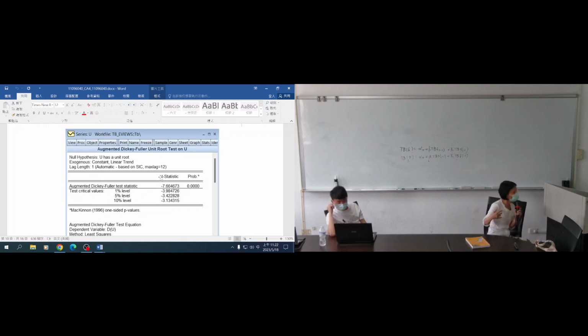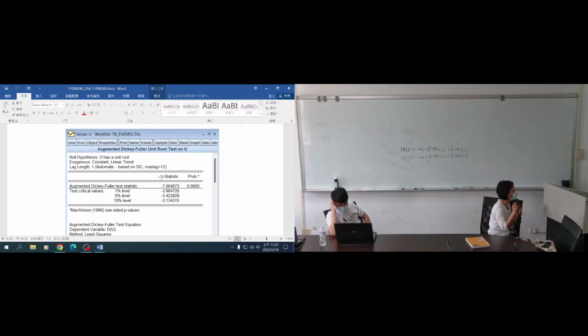So the difference between the co-integration test and a unit root test is that the unit root test is for individual variables. But the co-integration test is done on the residual of the model. Although the unit root test is the same procedure, if you base it on the original individual variables, we call it a unit root test.